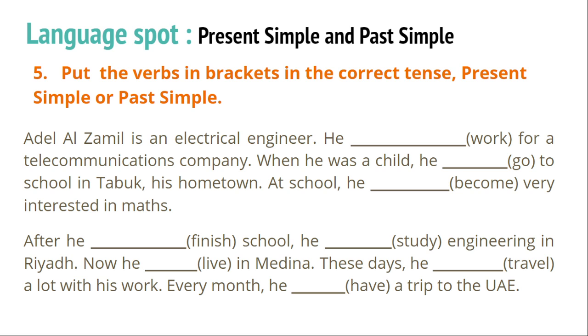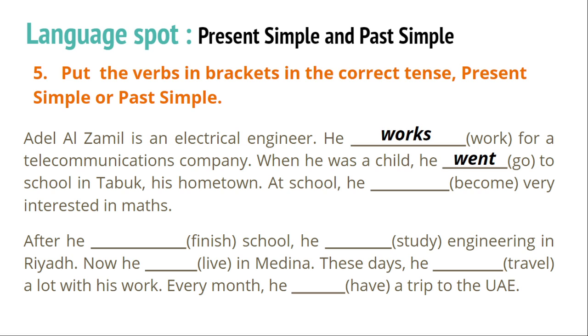Put the verbs in brackets in the correct tense, present simple or past simple. Adil Zamil is an electrical engineer. He works for a telecommunication company. When he was a child, he went to school in Tabuk, his hometown.